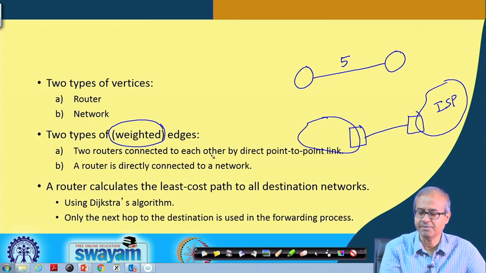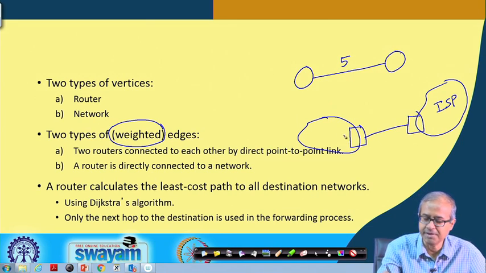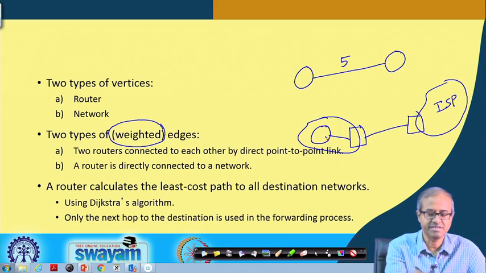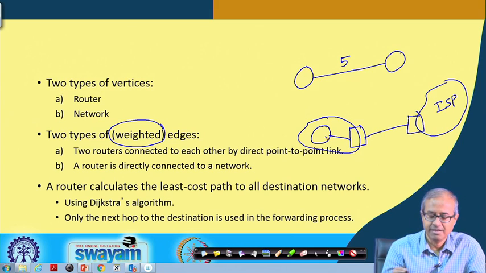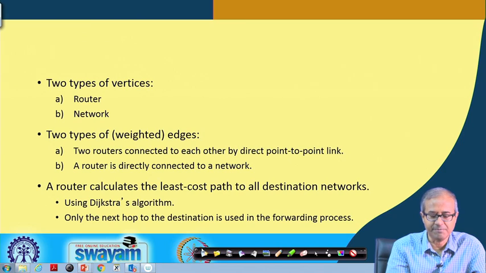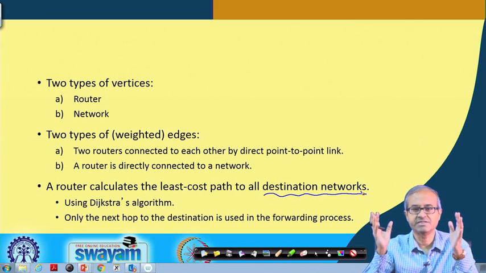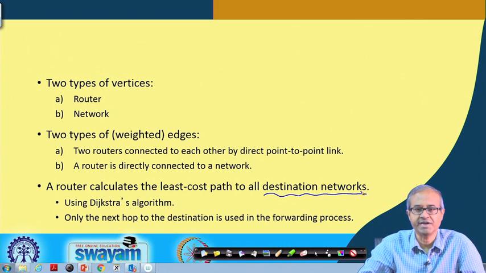The second kind of link may be the router may be connected to an internal network, like I have a network here, this router is connected to this network. This is the second kind of edge or link. Now, in this OSPF method, each router will try to calculate the least cost path to all destination networks that is available in its own database.